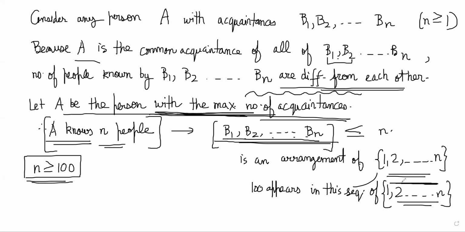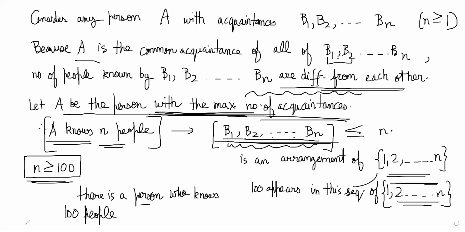Right. So that means that there is a person among the acquaintances of A who knows 100 people exactly, right? Why?